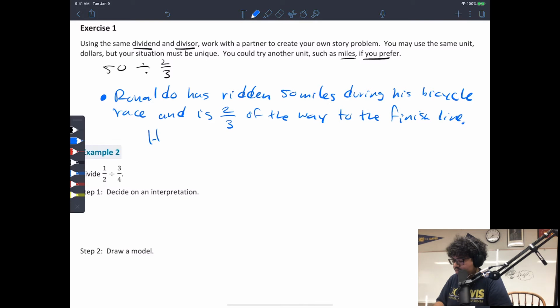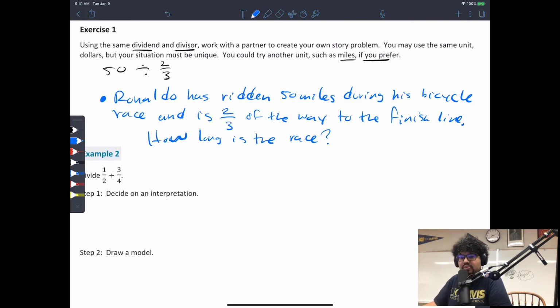So then the question would be, how long is the race? And then your answer, of course, will be that the unit of measurement will be in miles. Okay, so let's go to example number 2.